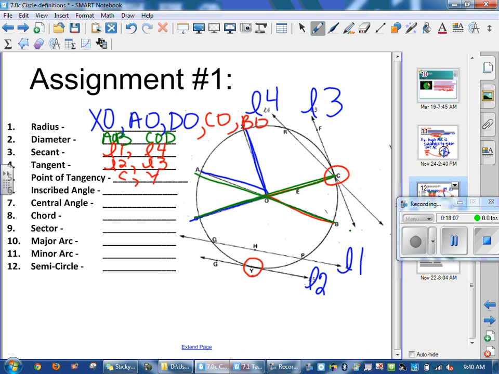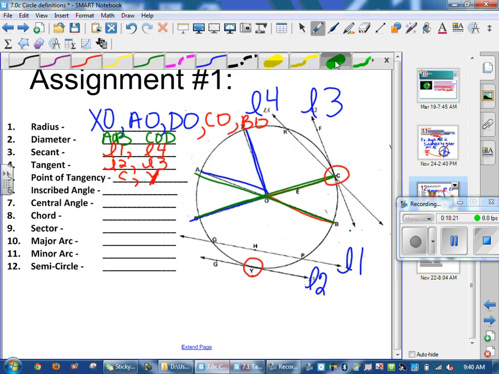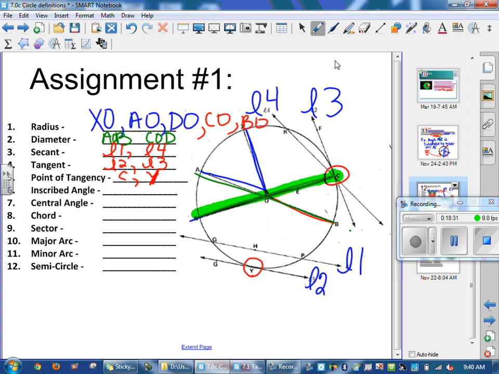All right, inscribed angle. Does anybody see an inscribed angle anywhere? Oh, there certainly is one. It's going edge to edge. A, O, and X, is that one? Or is it AOX, so that's a radius here. That's a sector. How about this one right here? That is an inscribed angle. It's connecting 3 edge points. That's what an inscribed angle does.